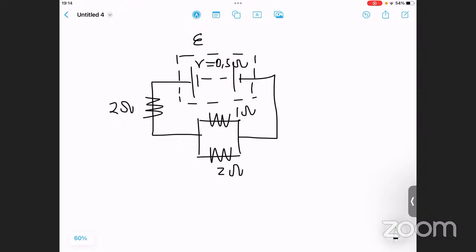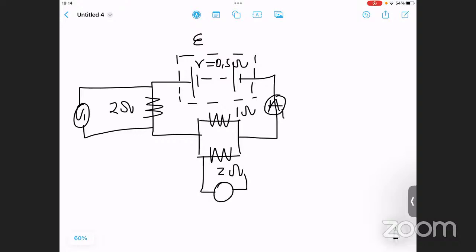Maybe let me make it a bit more interesting and say there we have V1. Let's say we have ammeter number 1. Maybe there we have a V2.